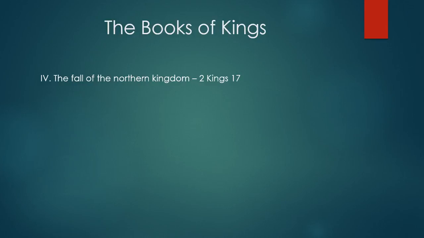As you read through chapter 17, I hope you'll take the chance to do that. It's going to talk about all of the sins that they had committed, and they're all going to have to do with idolatry, incorrect worship of Yahweh, the worship of other gods, and so forth.